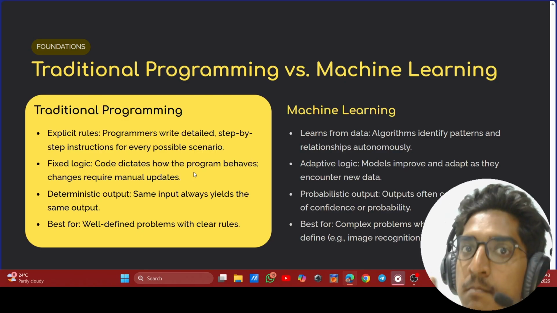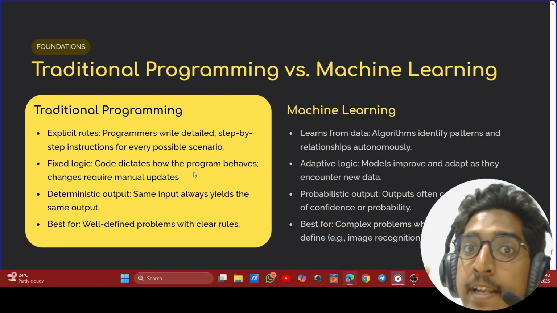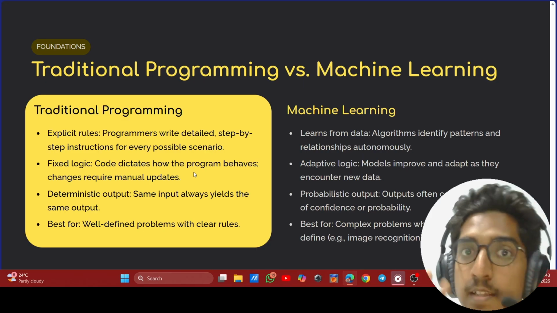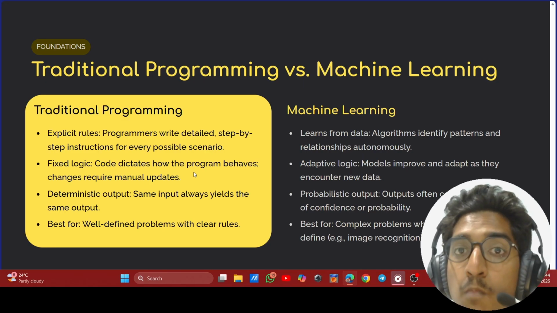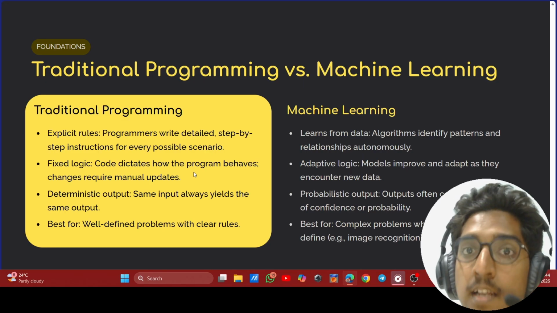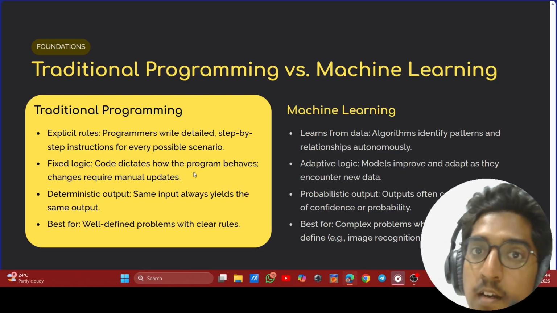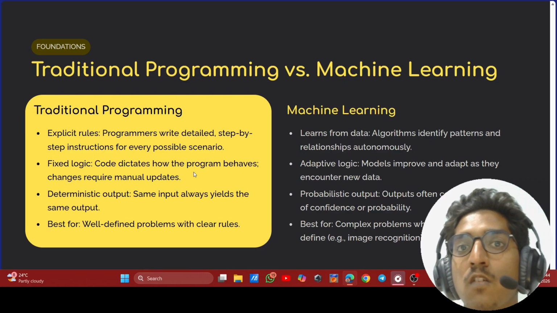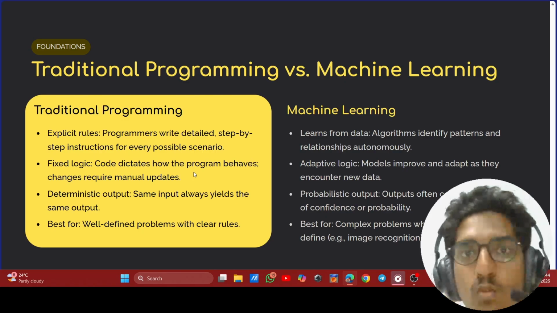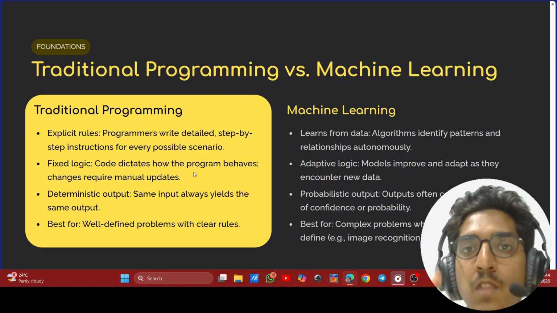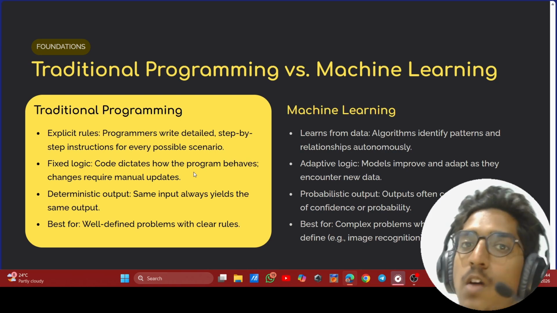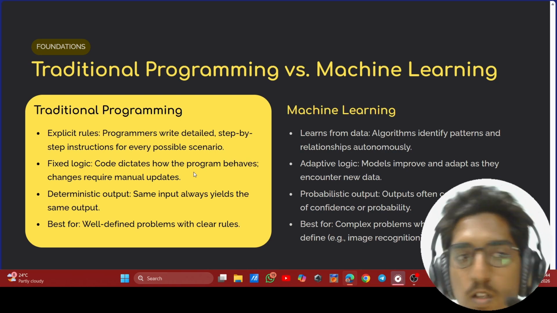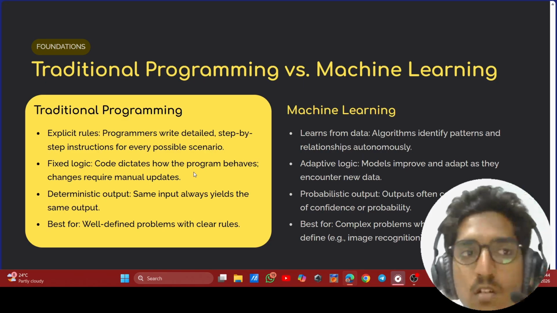I repeat, in machine learning, whenever a new input is given, the machine learning model recalls from its past memory the patterns and logic of the data, and applies the same logic to the new data also. By this, the machine learning model helps in giving the output. So this was the second difference.